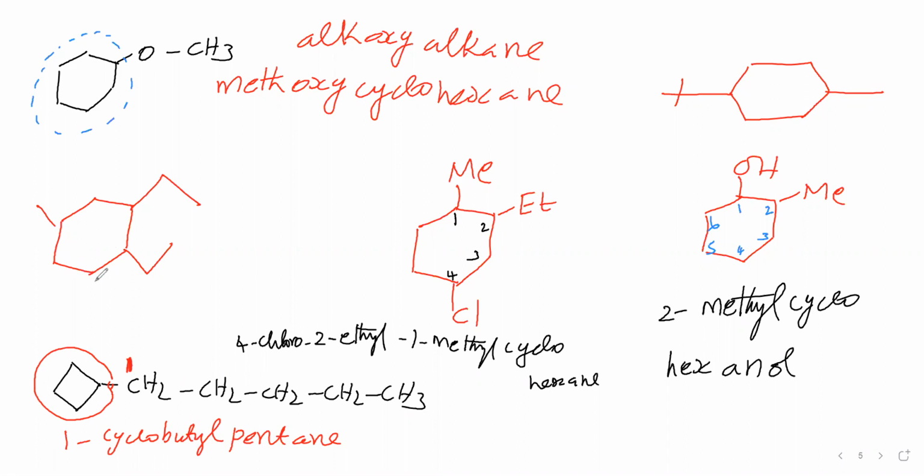Next, we will see here. It is ethyl, it is ethyl, it is methyl. Therefore, how to give numbering? Sum of the locants, as per that you give the numbering. Therefore 1,2-diethyl, then 4-methyl cyclohexane. Cyclohexane is the name of this compound.